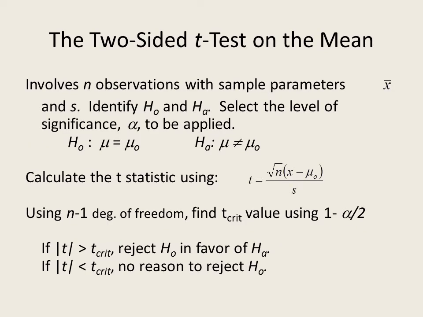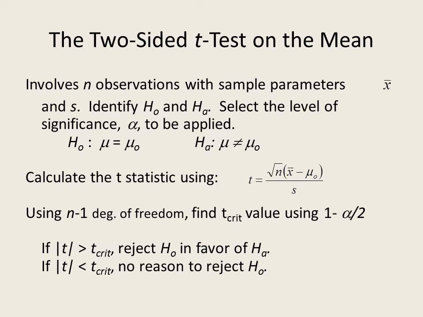If we're looking at the two-sided t-test on the mean, it involves n observations with sample parameters x bar and s, and we identify the null hypothesis and the alternative hypothesis. We then must select the level of significance and set up the problem. When you conduct a hypothesis test, you should always write it in the exact same form.